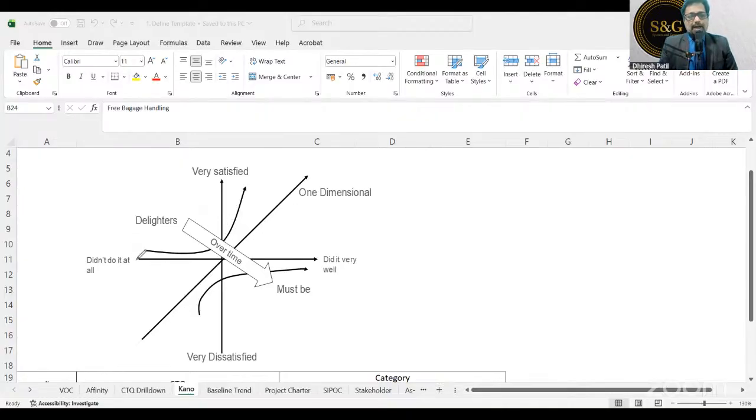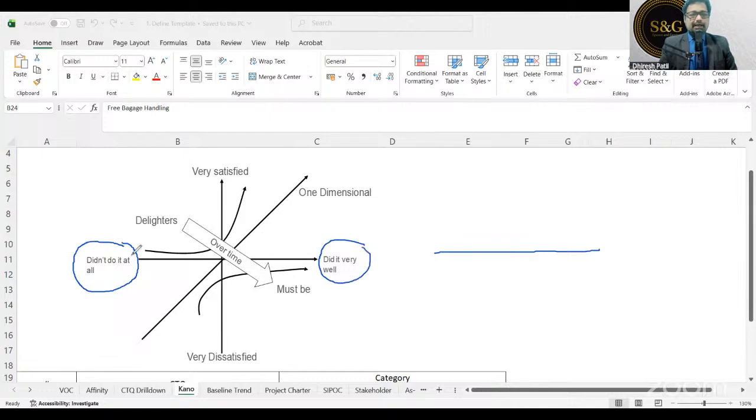These are the x-axis, the horizontal axis, which is what we are providing. For example, from did not do it at all to did it very well.